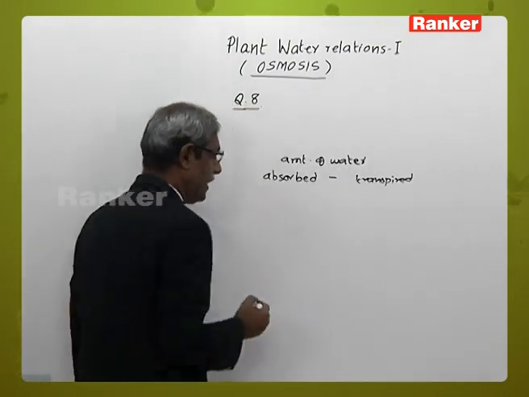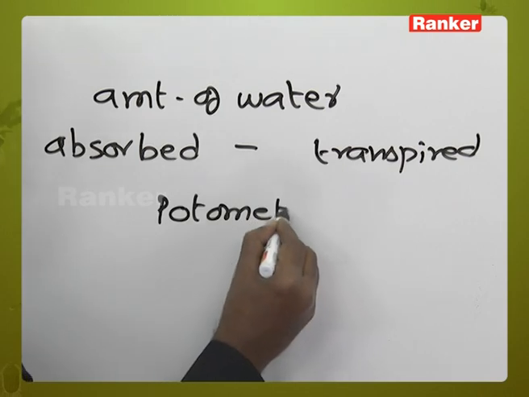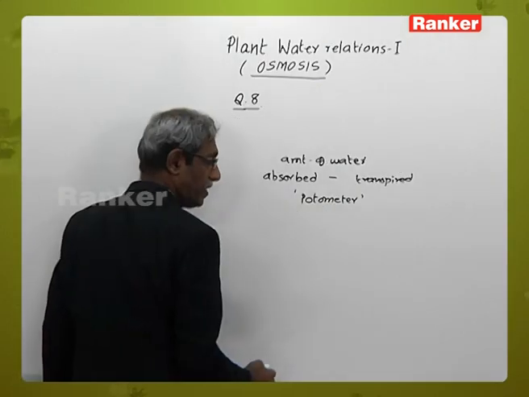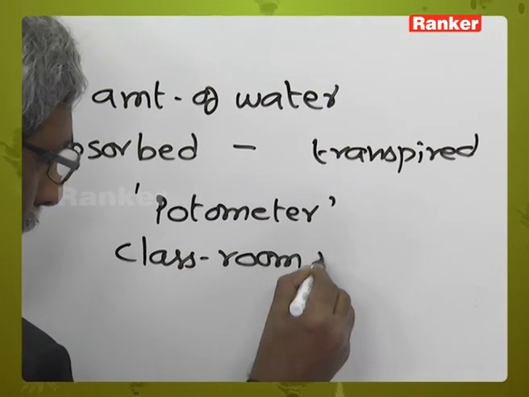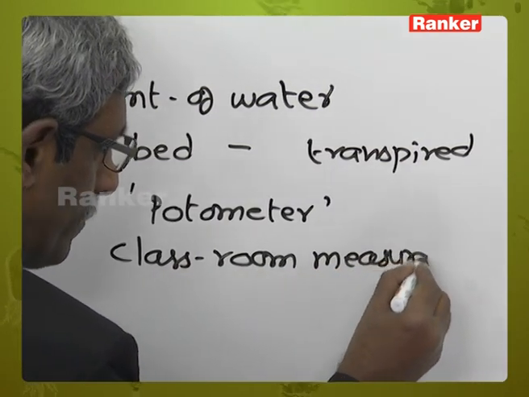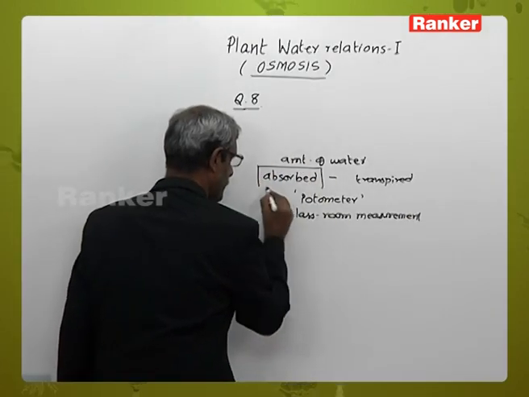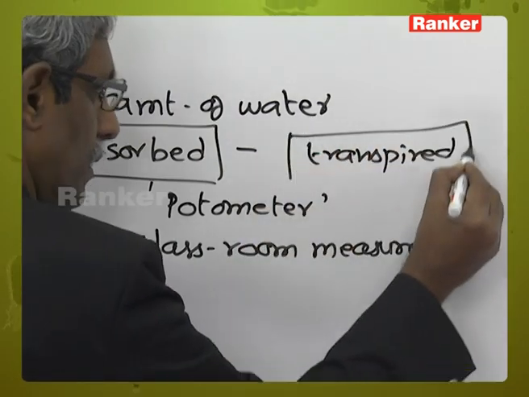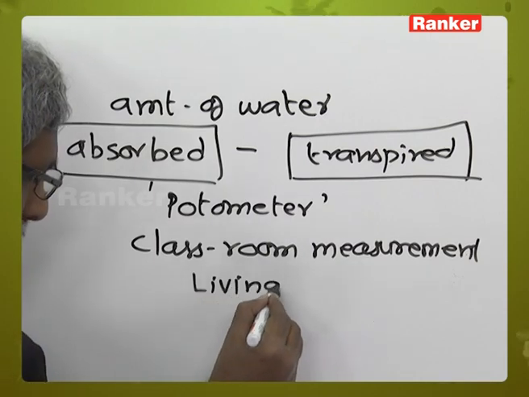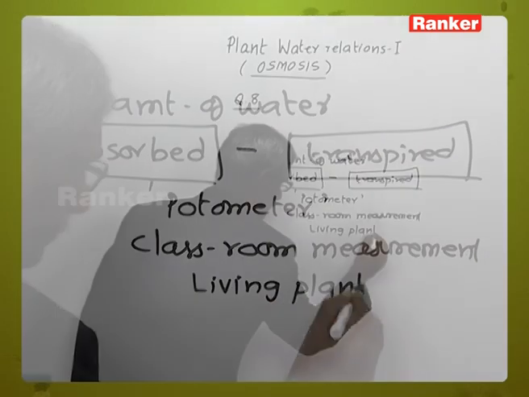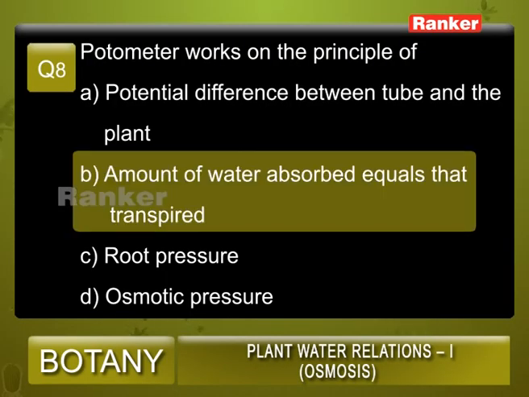The difference between these is primarily the principle of the potometer, which is a typical classroom measurement of both the amount of water absorbed as well as the amount of water transpired by a living plant. Hence, the answer is B.